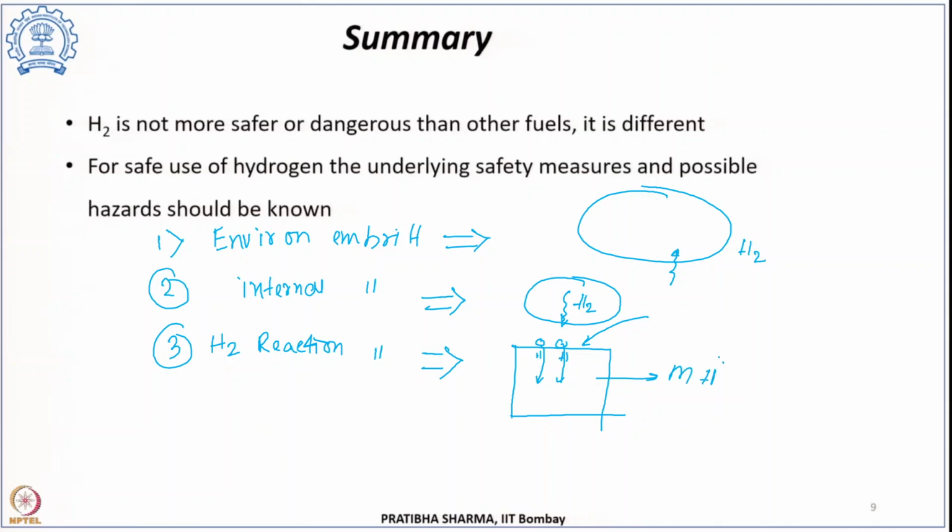During the metal hydride formation, the total material will expand, or there will be some internal stresses. Due to the internal stresses, some disorder will come in the size and shape, and due to the disorder in the size and shape, the material can fail. This is called hydrogen reaction embrittlement. These are the three types of embrittlement.